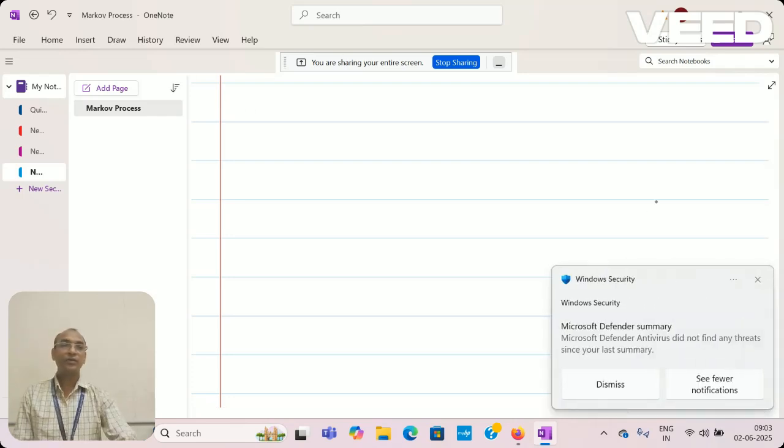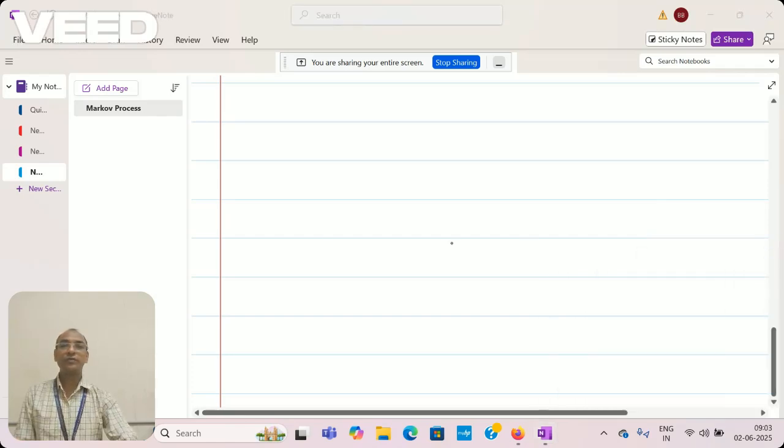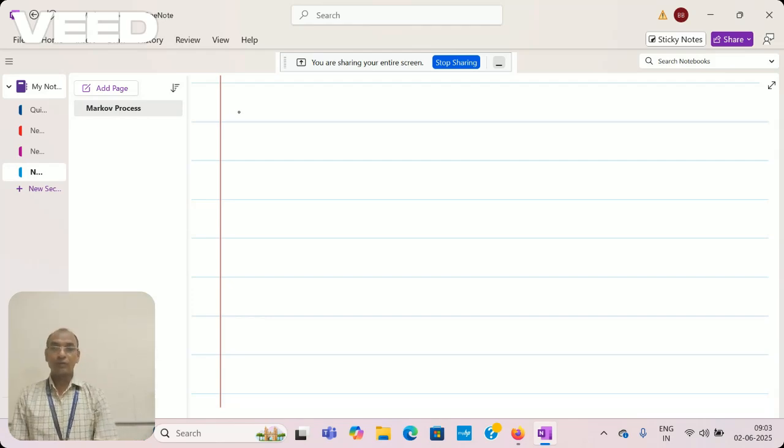Now I'm going to discuss the process of writing the transition probability matrix. Formation of the transition probability matrix, TPM.